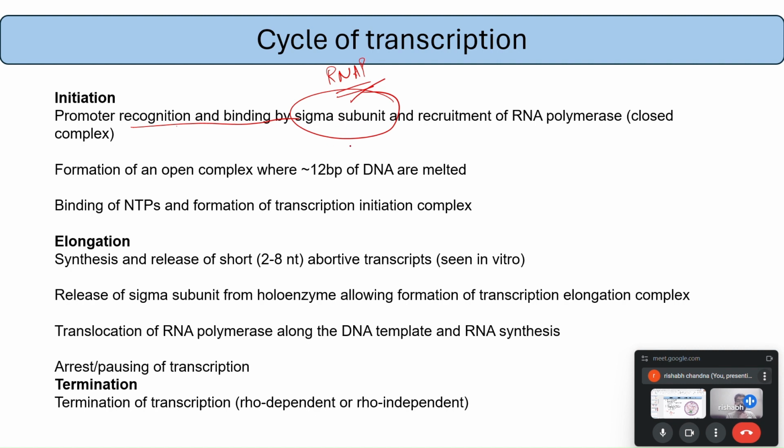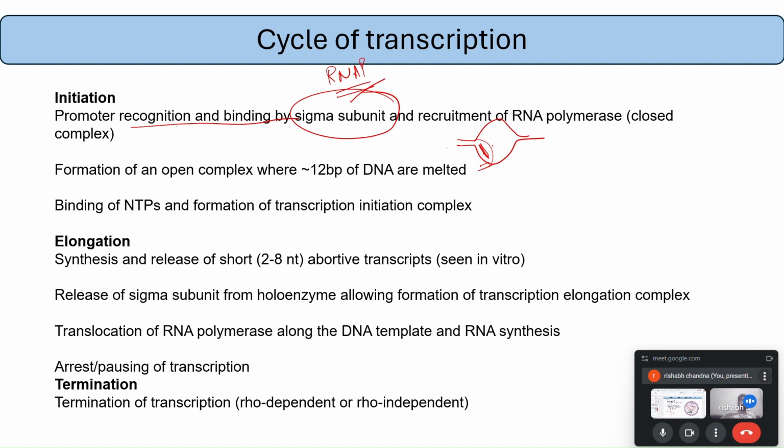Then the open complex is formed, which is the transcription bubble. From here the transcription starts. In this open complex, around 12 base pairs of DNA are melted. And then the first few NTPs are joined, and this leads to the completion of the process of initiation.